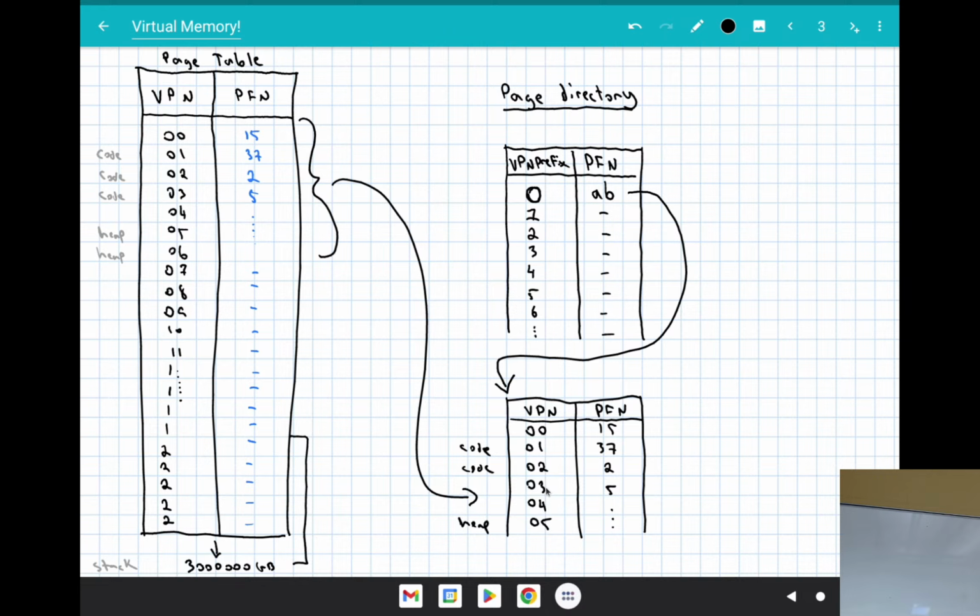With a page directory, if I get a virtual address that's 01, I'm going to start by looking at the page directory itself with the prefix of 0 to find the physical frame number that has all of the direct mappings for virtual page numbers that start with 0. Once I get to that point, then I'm able to say, now I can look for the one that is 01 here and see that it is in physical frame number 37, and then go to that to actually find the data for that thing.